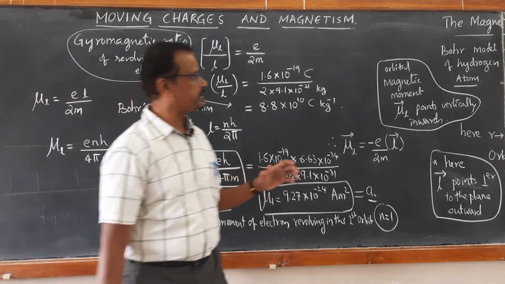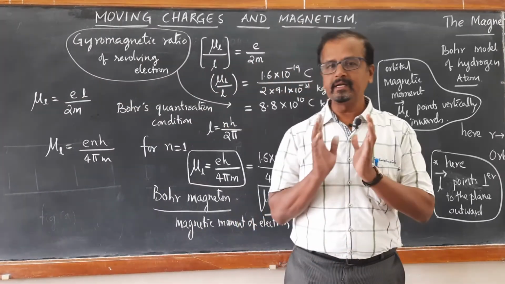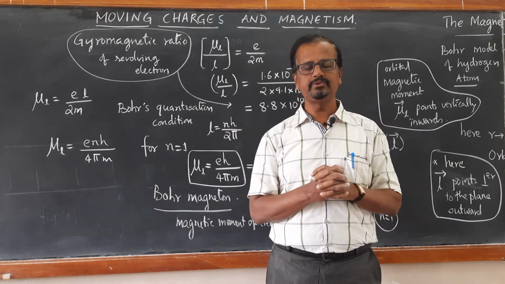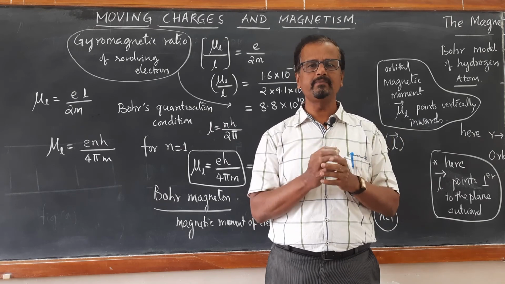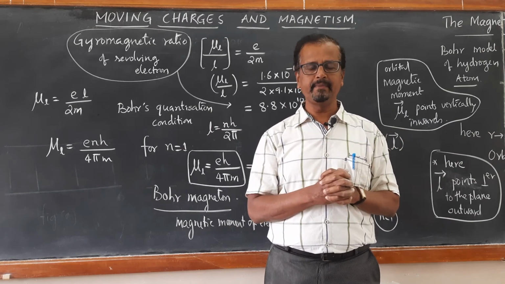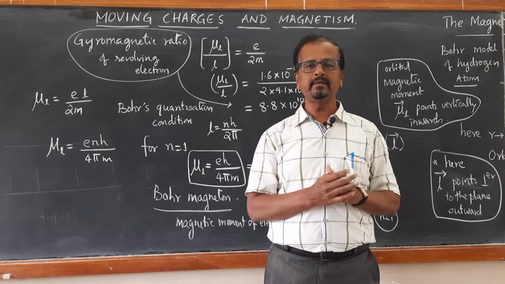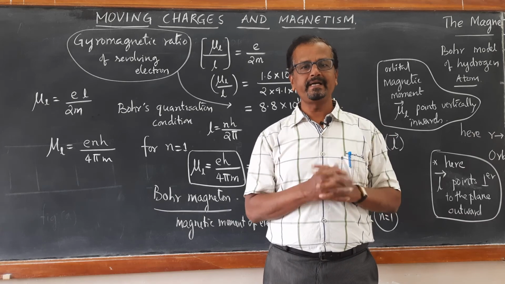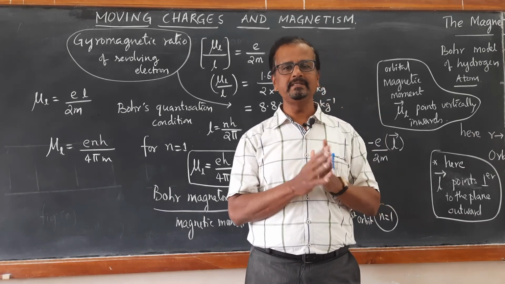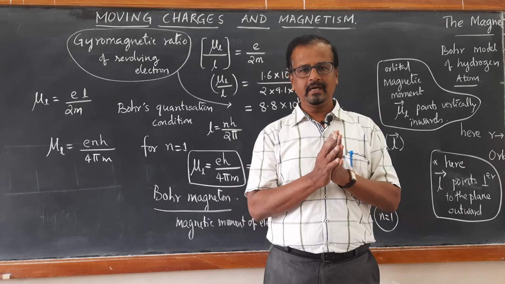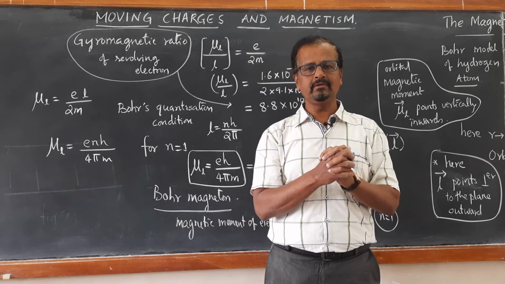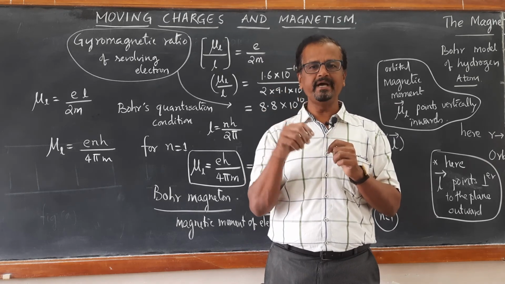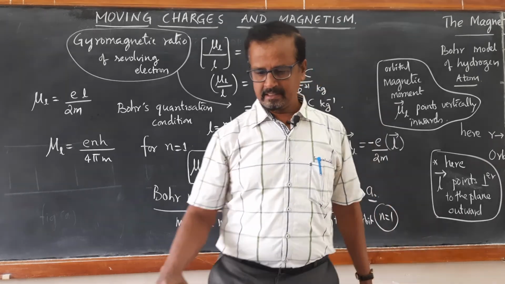Thus, we have calculated the orbital magnetic moment of an electron revolving around the nucleus, and this gives you an idea that revolving electrons give rise to a magnetic moment. One more magnetic moment is possessed by the electron due to its spin. It is called the spin magnetic moment, and it is an intrinsic property of the electron, denoted by mu s.